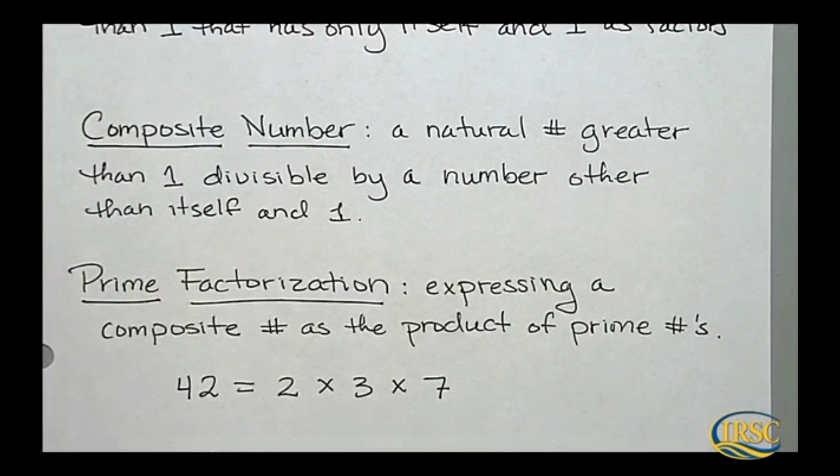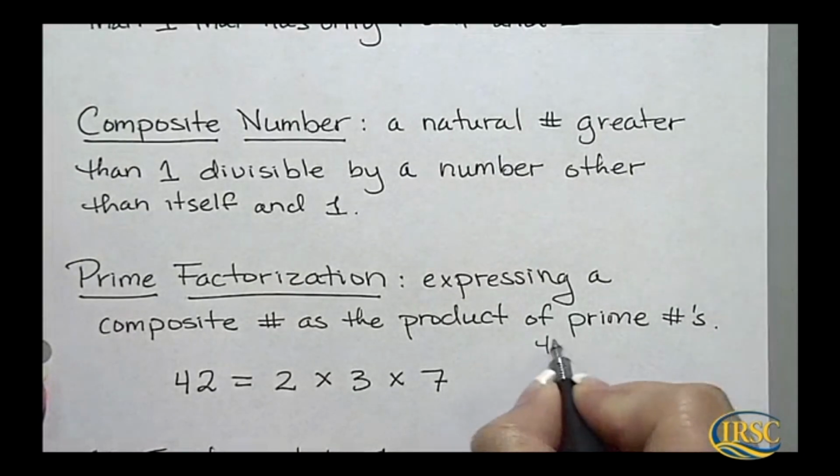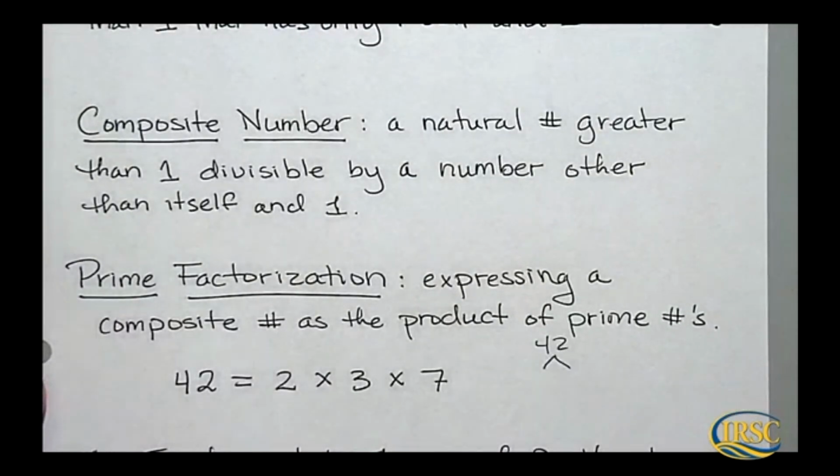Now, if you're asked to find the prime factorization of a number, some of you might like using tree factorization. If you take 42, think of any two numbers that multiply to give you 42. You might think of 6 times 7 first. And then 7's already prime, so we go to 6 and break that down, 3 and 2. And that's how we came up with our prime factorization.